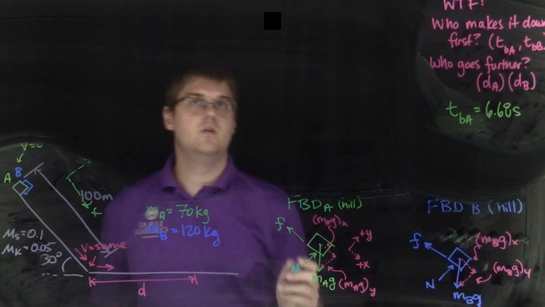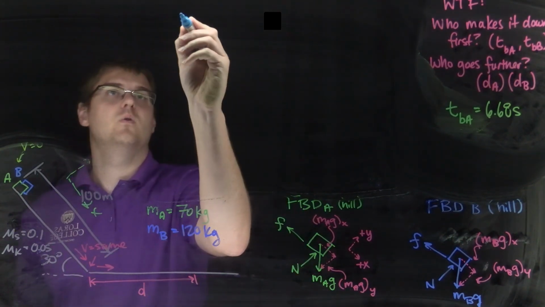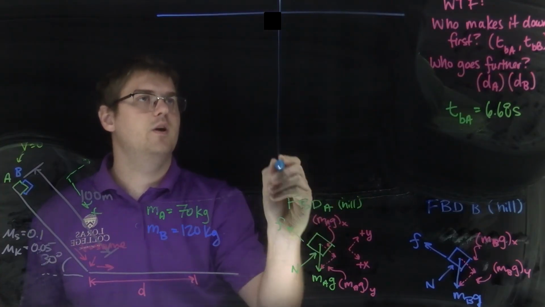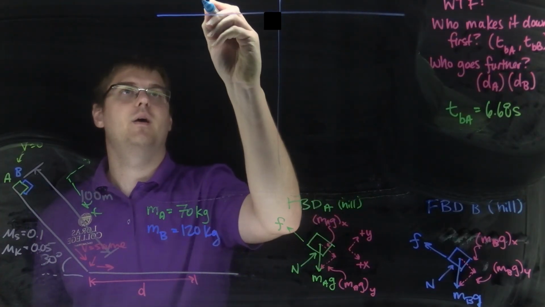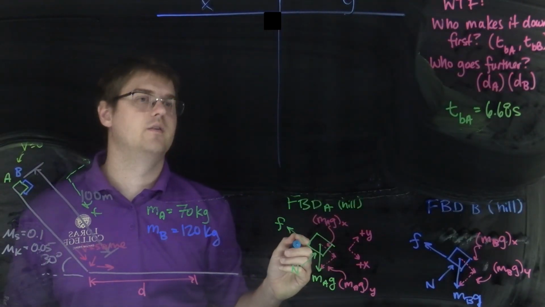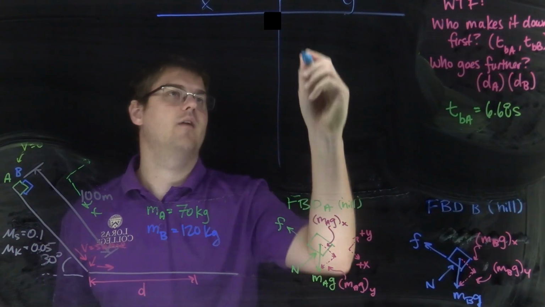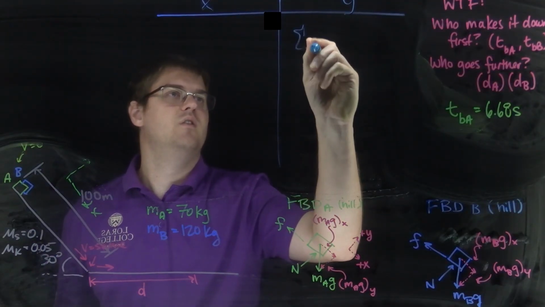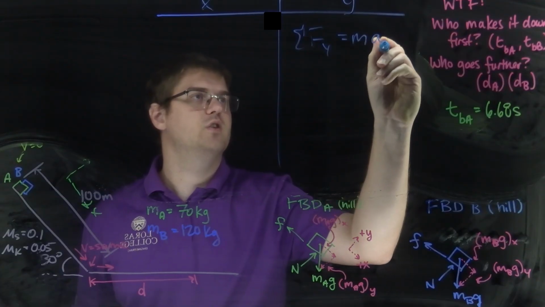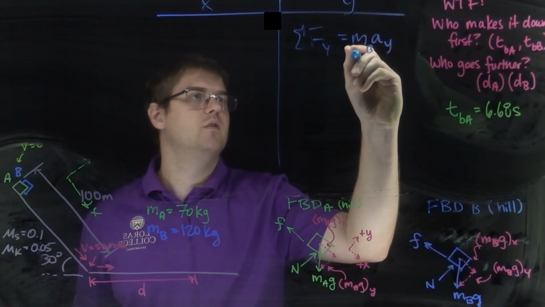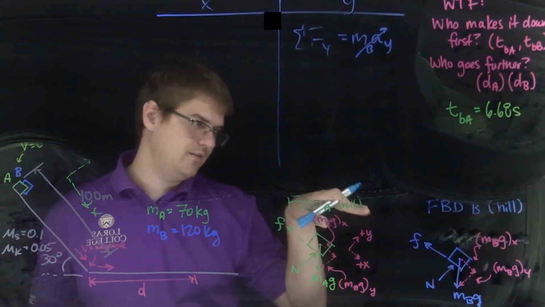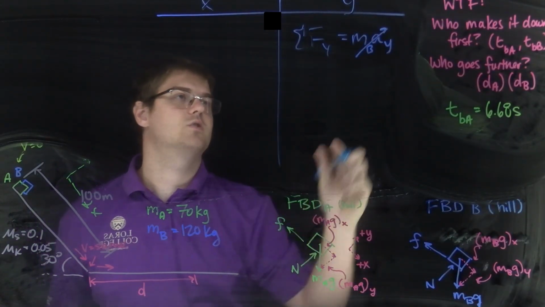So for B, the setup is going to look a whole lot the same, other than I'm doing it in blue. I have my X, I have my Y, I start with my Y. With the Y, I have sum of forces in the Y equal to my mass times my acceleration in the Y. This is mass of B. I have no acceleration in the Y because I defined it such that all of my acceleration is going downhill.